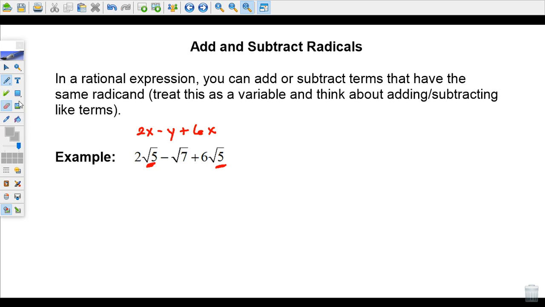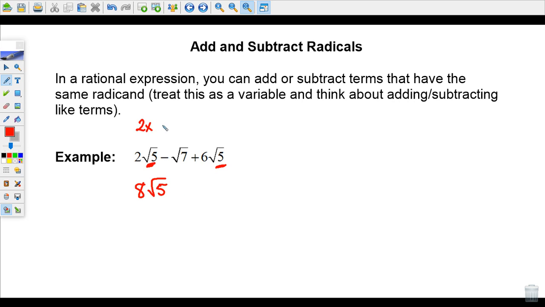So we're going to add the radical 5's together, and think of this number as the coefficient. So 2 radical 5 plus 6 radical 5. 2 plus 6 is 8 radical 5. The radical 5 does not add with this radical 5.